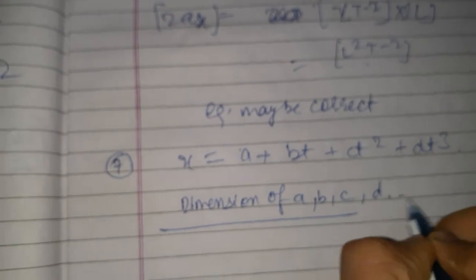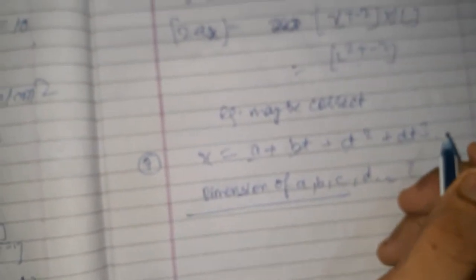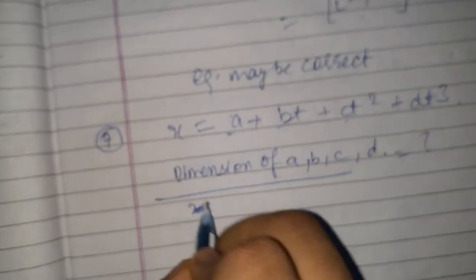First of all we have to find this. So we know that there are 5 terms: a, b, c, d and x. All of them should have the same dimension. Since x equals length, each of the remaining 4 must have the dimension of length.